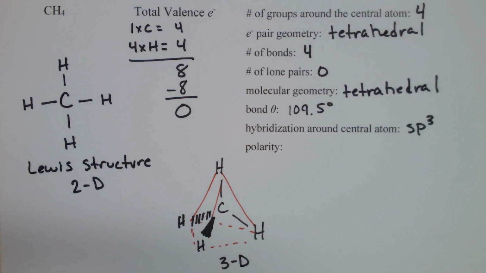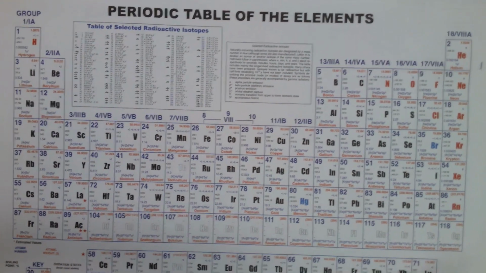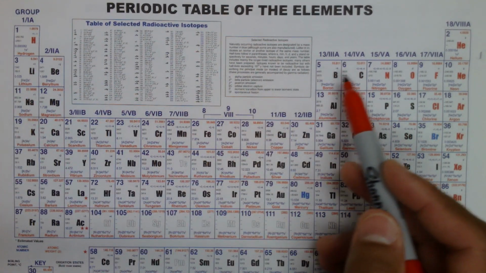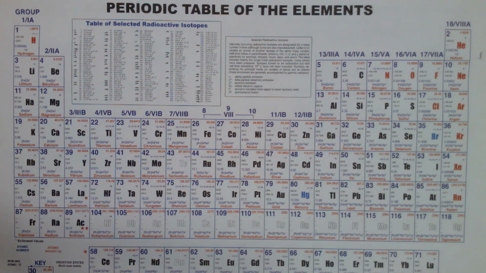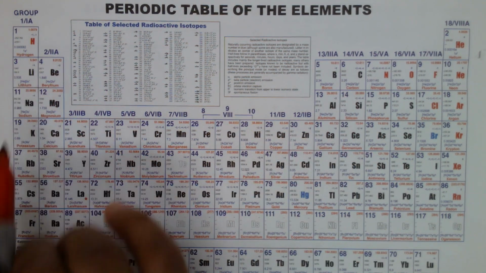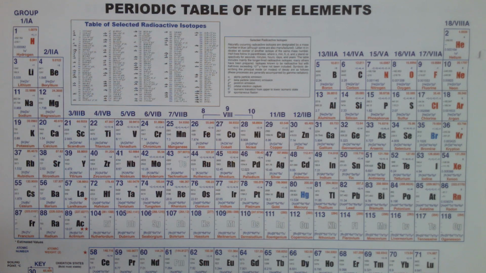To study polarity, we need to study the individual dipoles. In methane, we have carbon and hydrogen. So carbon, farther to the right of the periodic table, is slightly more electronegative than hydrogen, very, very small though, but it's still there.